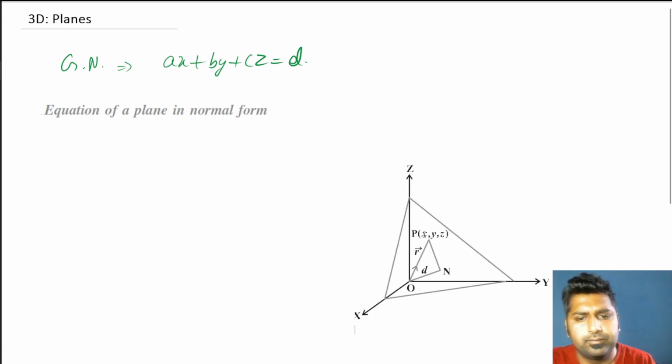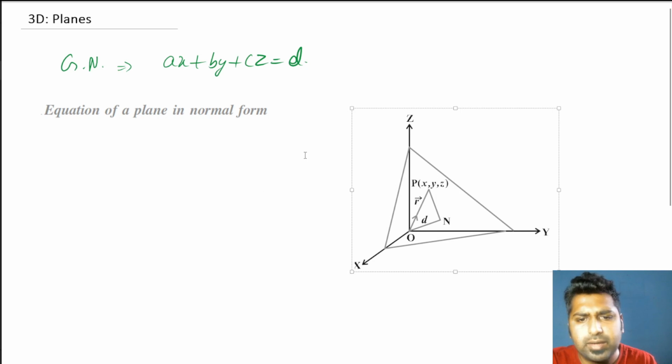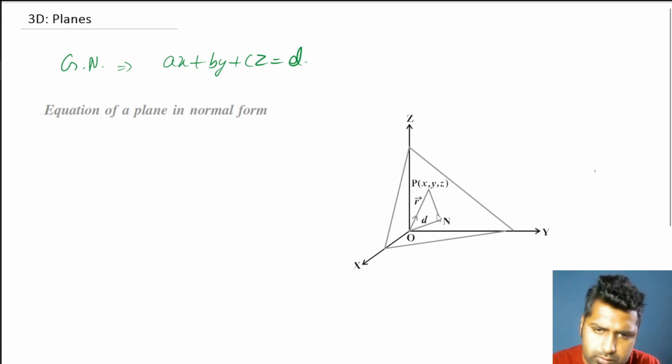Let's say you have a plane like this, and there is a point on the plane at (x, y, z), any random point, and the position vector is represented by r. You drew a perpendicular from the origin, and you calculated its distance as d.